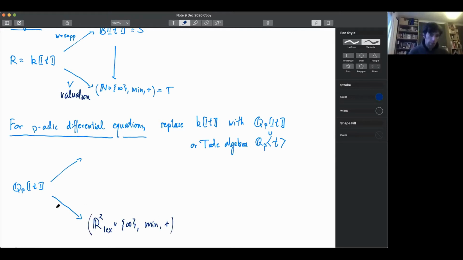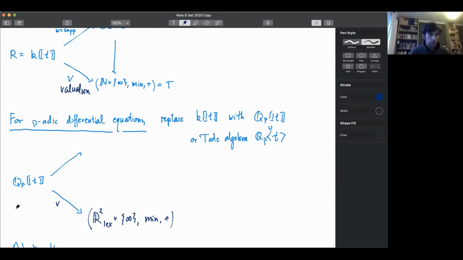And this map, my new V here, is going to be defined by taking a power series. Let's say I have a power series a_n t^n plus higher order terms.